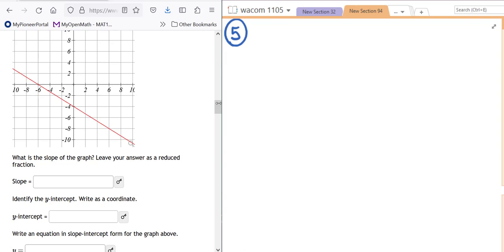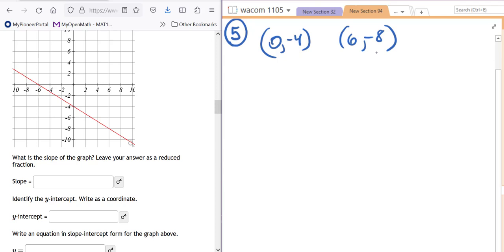So to find your slope, you have to count, and the points I see are 0, -4, and 6, -8. So I'm going to try to count from those.